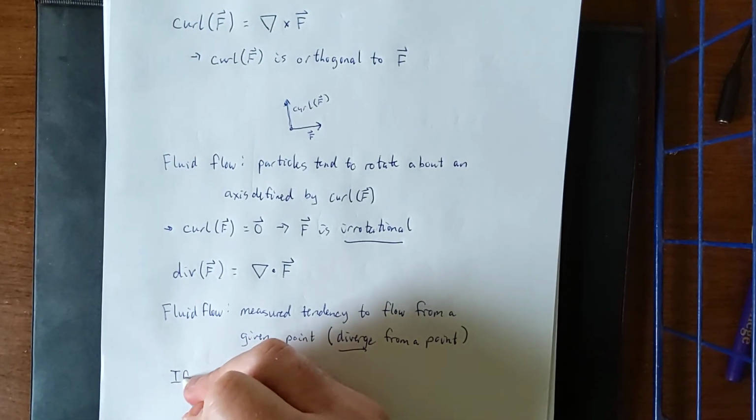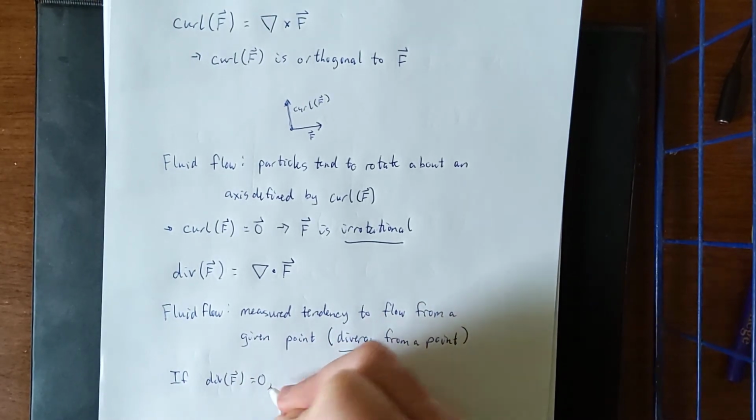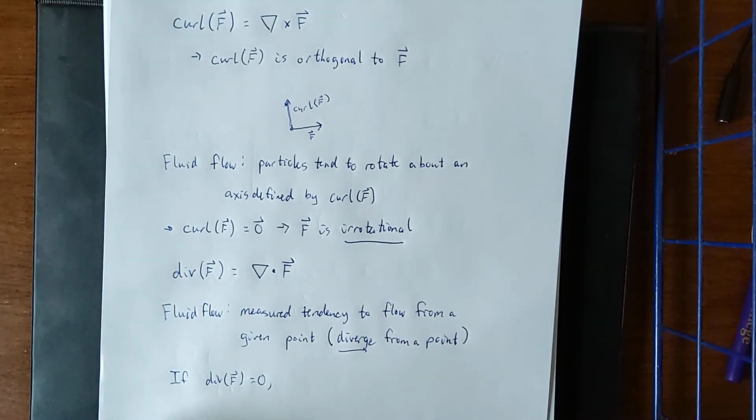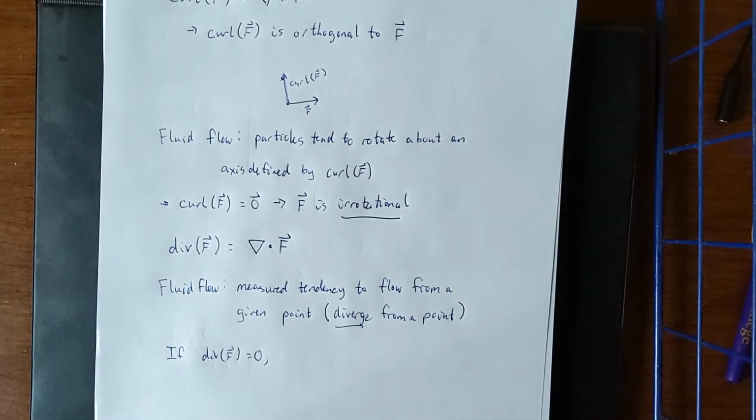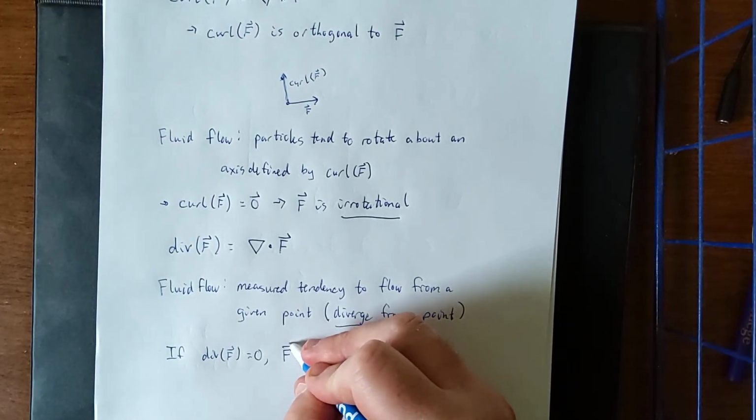Now, if it happens that the divergence of a vector field is equal to 0, then that means that we tend not to see any flow taking place. F is said to be incompressible.